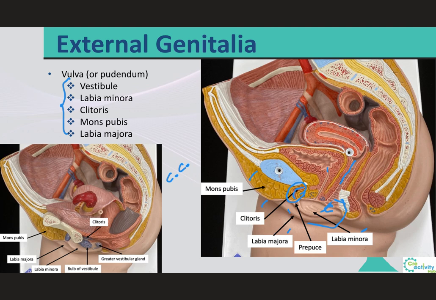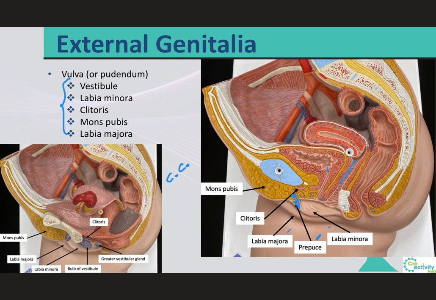So this does mean that the clitoris also engorges with blood during sexual arousal. And there are going to be small erectile glands that will sit at the tip of the organ, just like in the penis. And there's also going to be an extension of the labia minora that will encircle the body of the clitoris, forming what we call the prepuce. So females also have a prepuce.